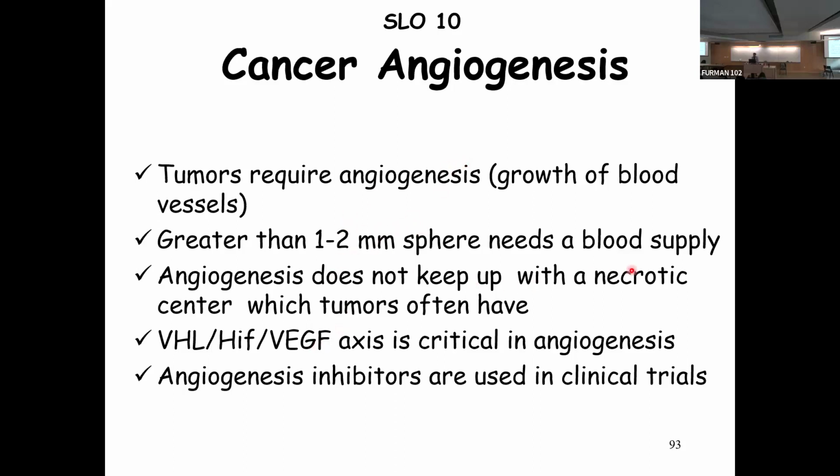Now, a sphere greater than 1 to 2 millimeters needs a blood supply, for sure. Now, angiogenesis does not keep up with the necrotic center. In the past, this has aroused some confusion in many of our minds: how could that happen if they require angiogenesis, why can they not keep up with the necrotic center? I will address that upfront.